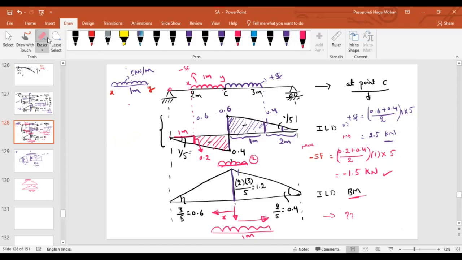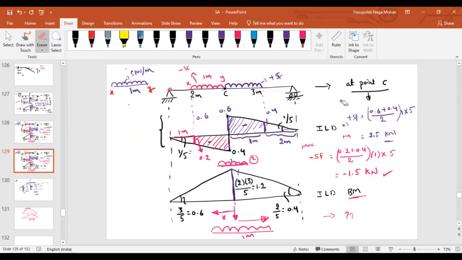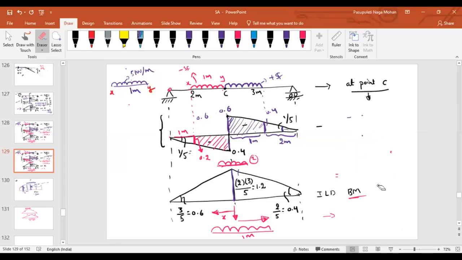Okay, now let me tell you one more case. I'm just explaining this one example only. So if you guys need other examples, you can ask me. But for the understanding, I think one example problem is fine.